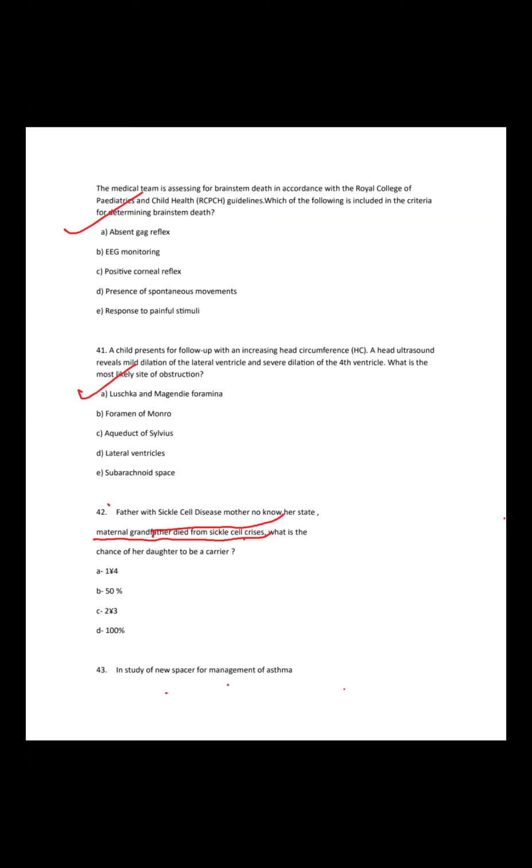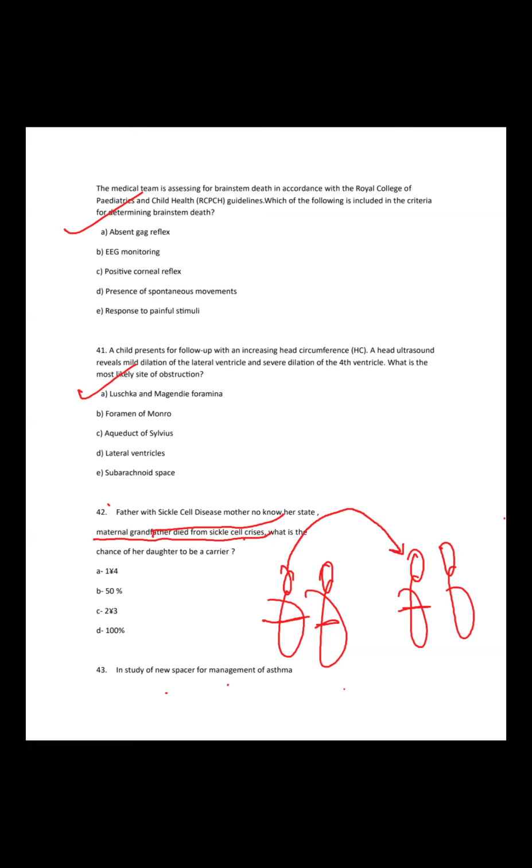That means mother would be a definite carrier. So father has the disease and mother would be definitely a carrier. Chance of their daughter to be a carrier. So if you just draw it, this is the disease, this is the carrier. So 2 is a carrier. Third is again disease, and 4. So 50% chance of being a carrier over here.